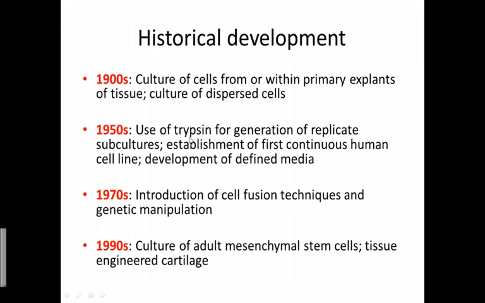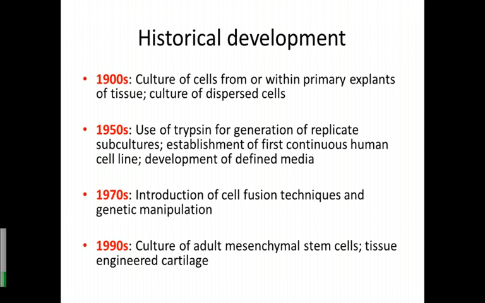So what is the function of trypsin? Trypsin is actually a protease enzyme. It can be used to dissociate the tissues into single cells. In this case, the use of trypsin actually helps to establish cell lines, because cell lines are single cells that can be attached in a two-dimensional layer.